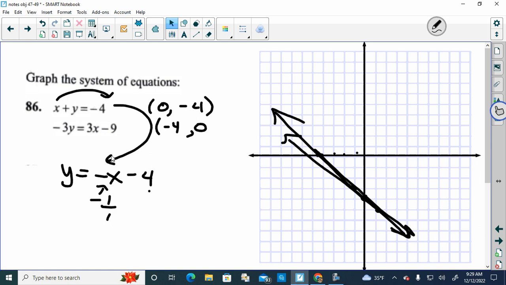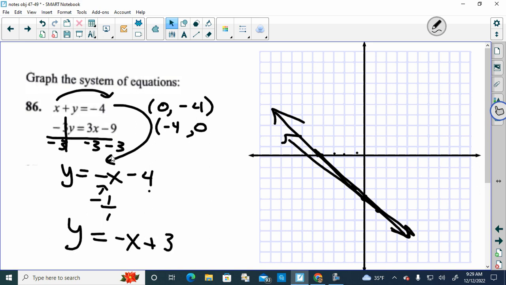So what we're looking for now is to graph this one. So to get the y by itself, I would divide by negative 3 on every term. Okay, so then that would give me y is equal to a negative x again, because 3 divided by negative 3 is a negative 1. And then a negative 9 divided by negative 3 would be a positive 3.